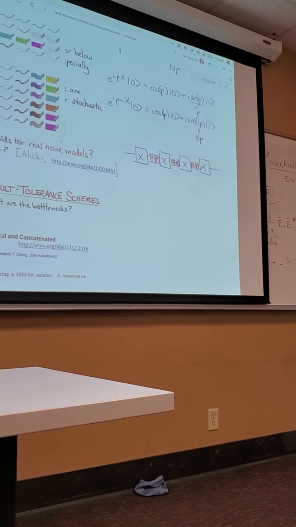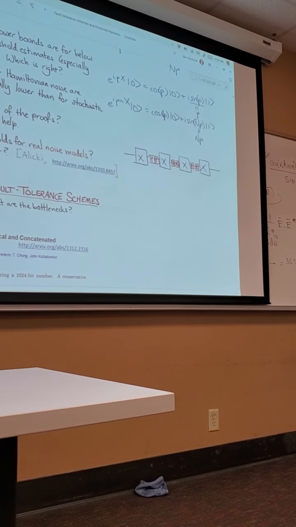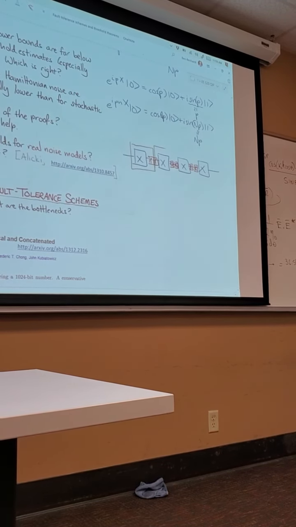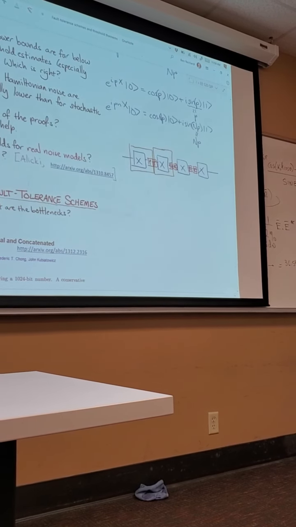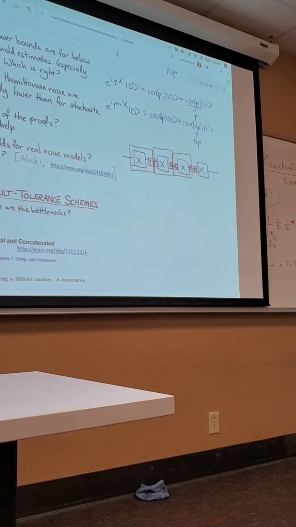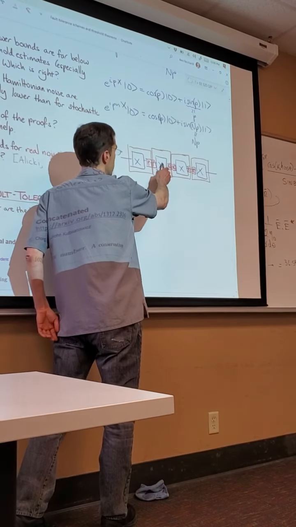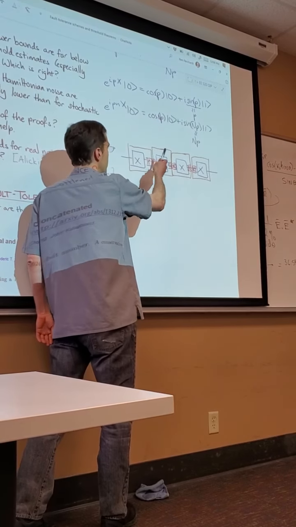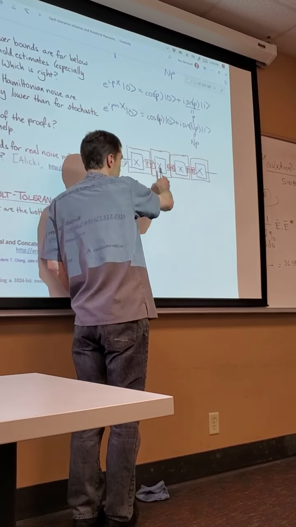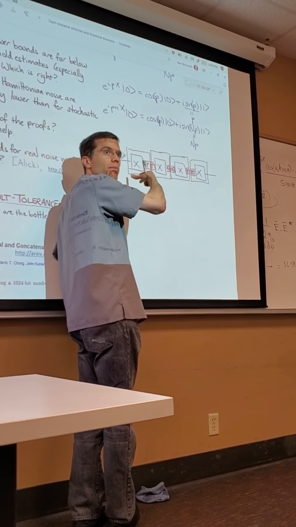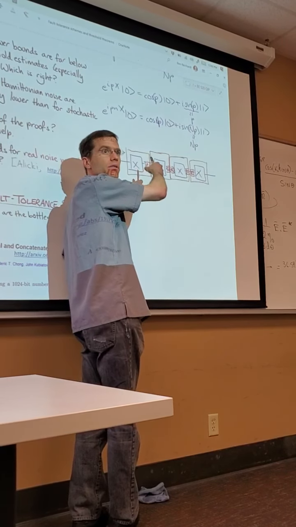Okay, and then what we do is we group them like this. So here I have P times X times Q, or I guess Q times X times P. This gate then we compile into the hardware as one operation instead of 3 operations.